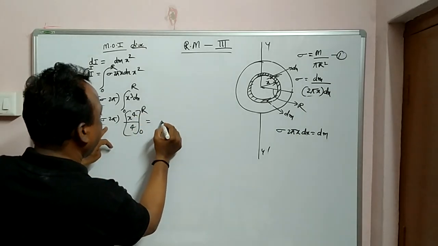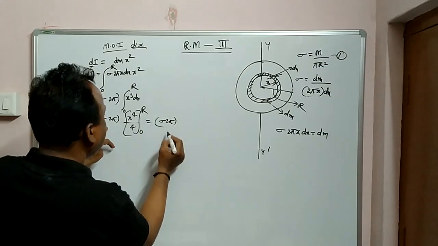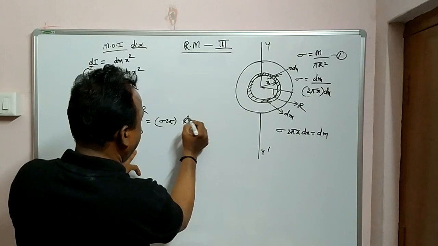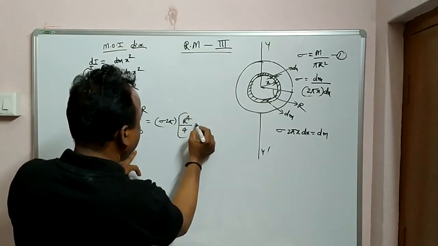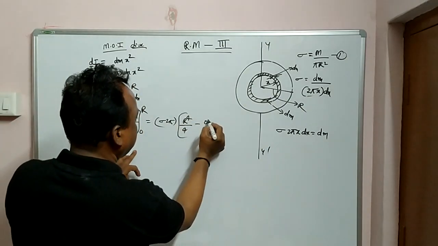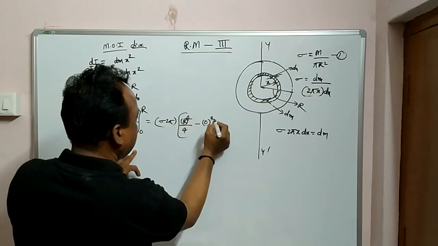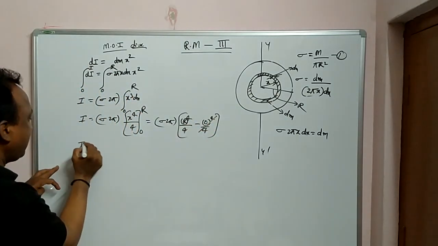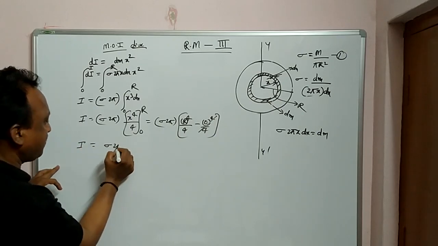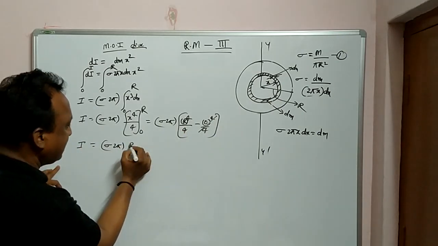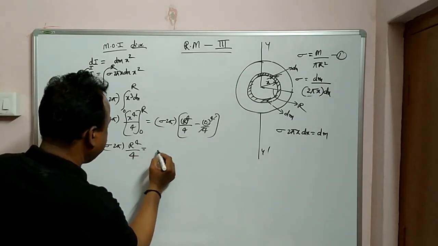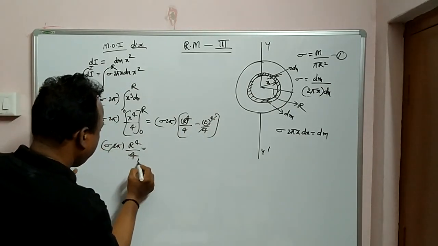So I is equal to sigma 2 pi, upper limit minus lower limit, r power 4 by 4 minus 0 by 4, which is 0. So the final one: I is equal to sigma 2 pi r power 4 by 4. Now I will write this in this notation: 2 and 2 cancel.